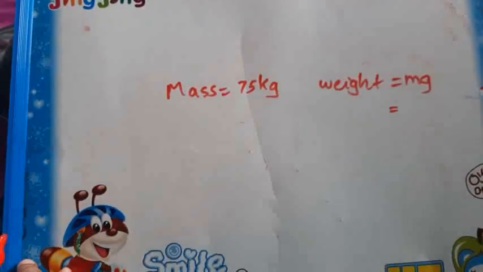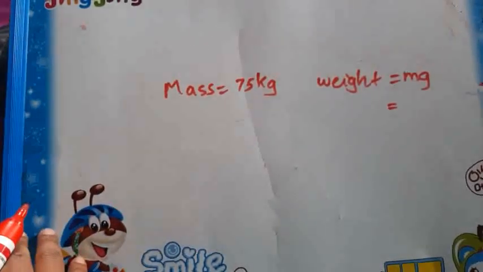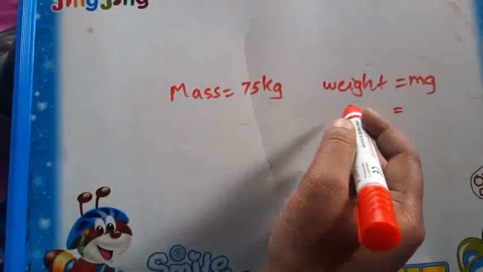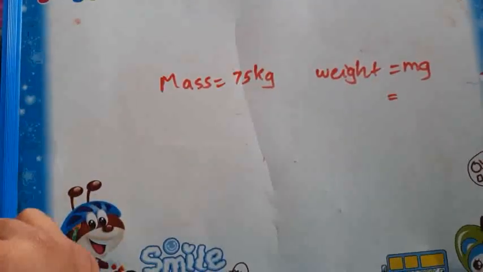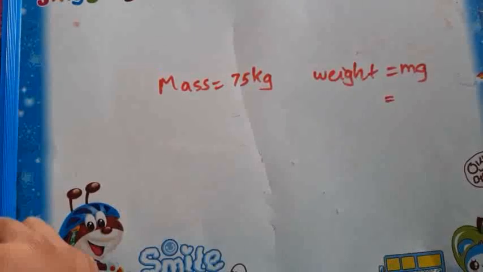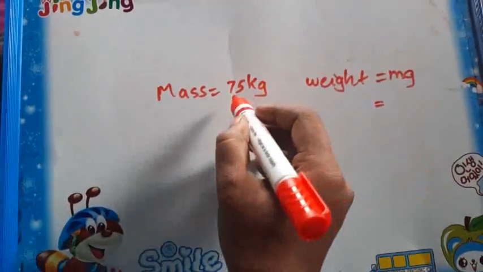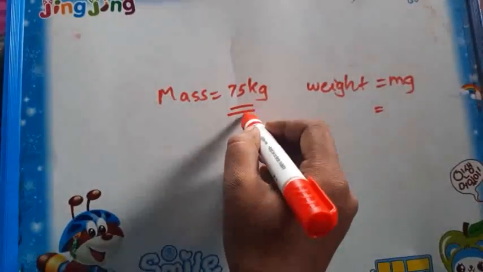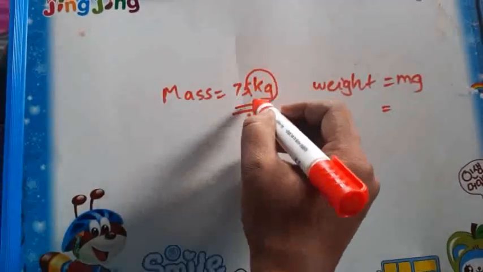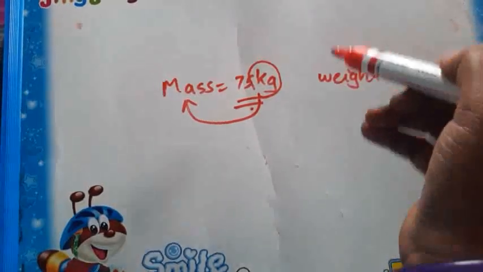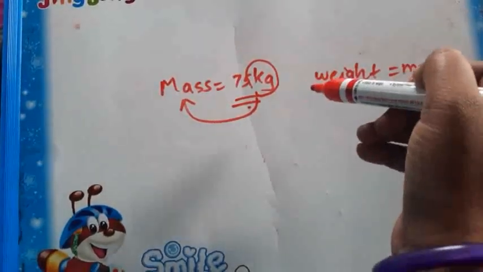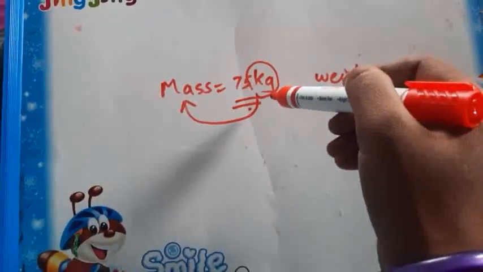In our daily life, we use mass and weight as the same quantities. For example, suppose I ask you the question, what is your weight? Suppose you answer 75 kg. But actually kg is the unit of what? Mass. Just now we have learned. So when I ask you what is your weight, actually you are telling your mass.